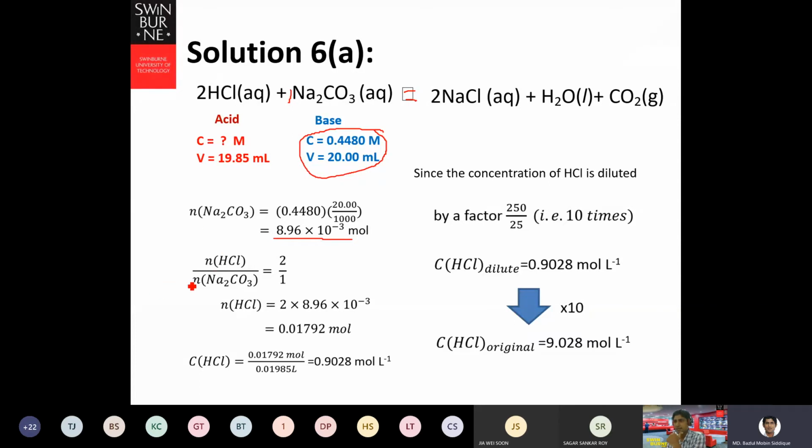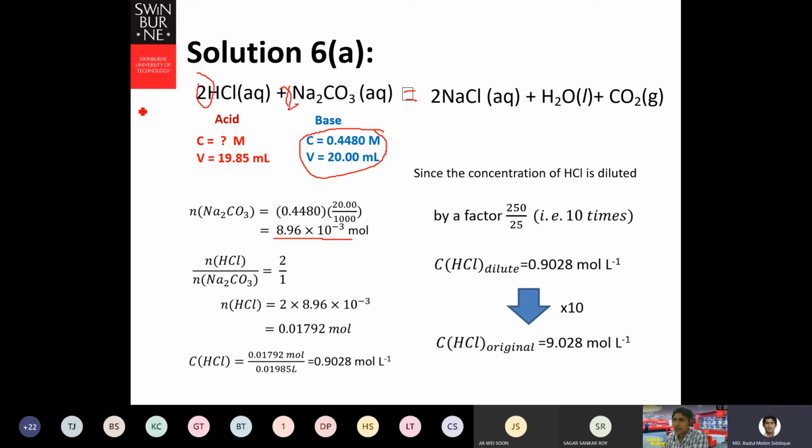So HCl is half of it. Sorry, what I'm saying, double, right? So if I have 1 mole, I will have 2 moles of HCl.